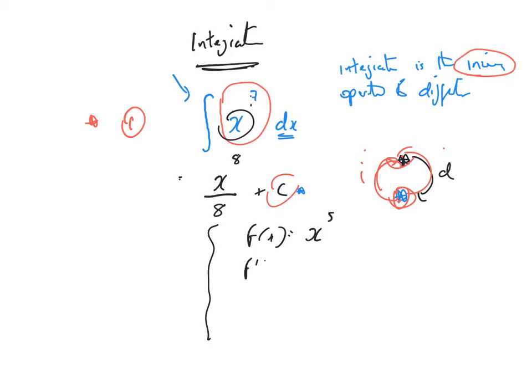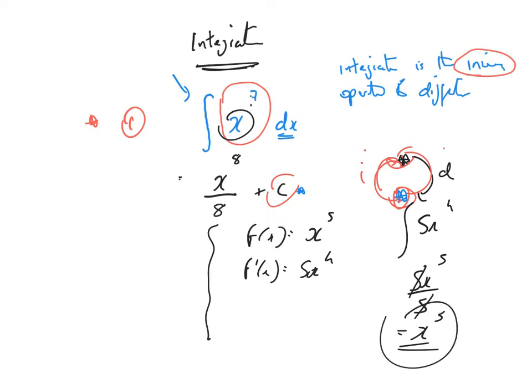If I differentiated that, I would get 5x to the 4. Now if I then took 5x to the 4 and integrated it, so what's the integration again? You add 1 onto the power and you divide by the new power, those two cancel out and leave you with x to the 5. You can see that we're back to where we started, which was x to the 5.